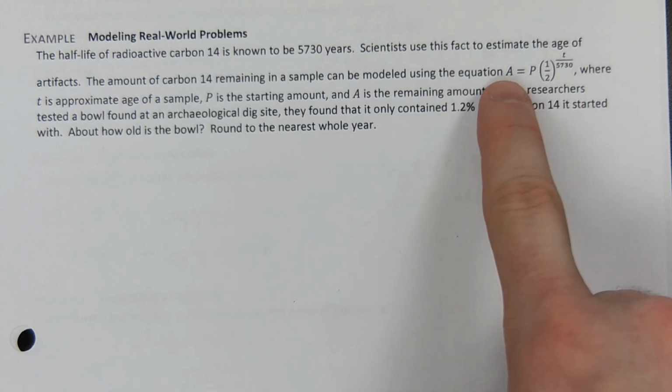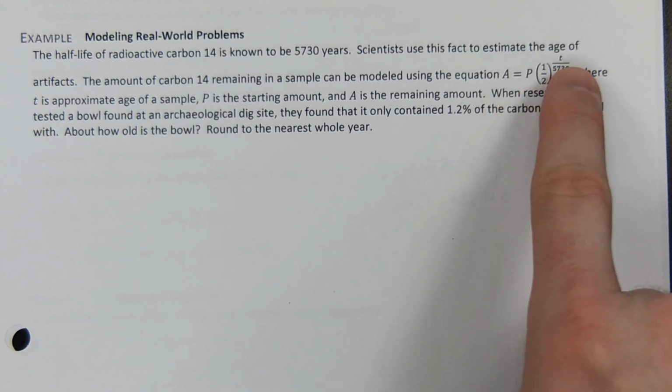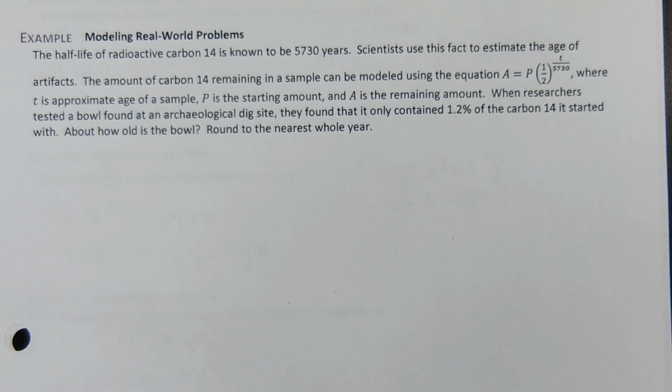Where A is what you have now, P is your starting amount, and T is time in years. So that is one of the half-life formulas for carbon-14. When researchers tested a bowl found in an archaeological dig site, they found that it only contained 1.2% of the carbon-14 that it should have had when they started. We can use that fact to determine the relative age of the bowl. We'll round it to the nearest whole year.